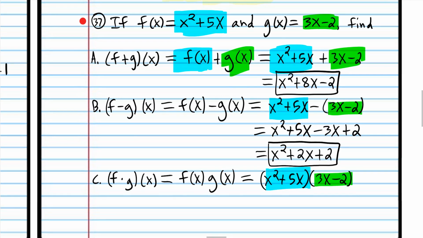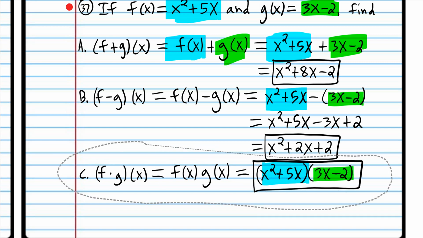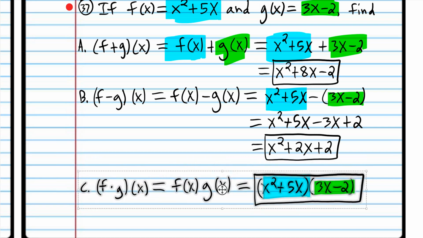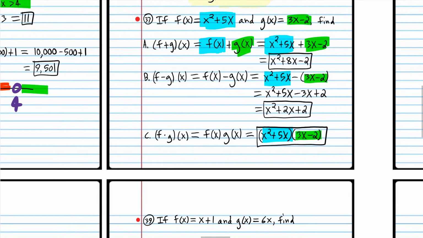And the problem doesn't tell us that we have to use FOIL. We could simplify that a little bit and use FOIL, but we really don't need to. It's not going to be a simpler form if we change this into a polynomial with the FOIL algorithm. So we can just leave it like that.